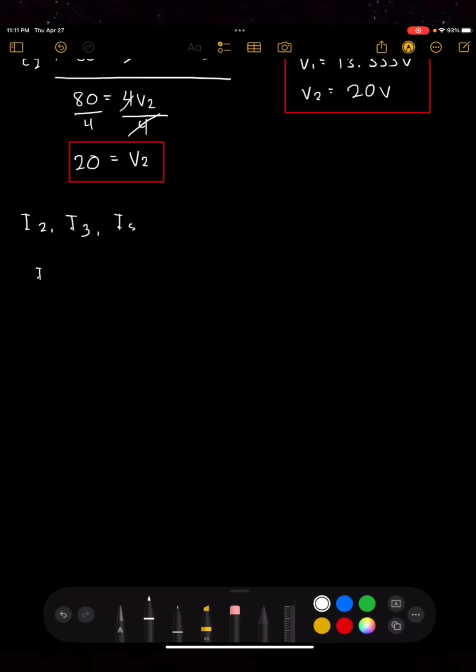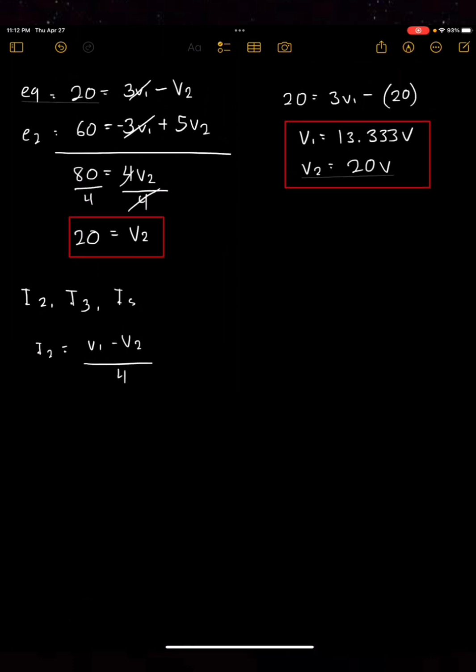So, ang I2 natin ay V1 minus V2 over 4. So, substitute natin yung value ng V1 at V2. I2 is equal to 13.333 minus V2 which is 20, over 4. So, I2 natin ay magiging negative 1.668 amperes.